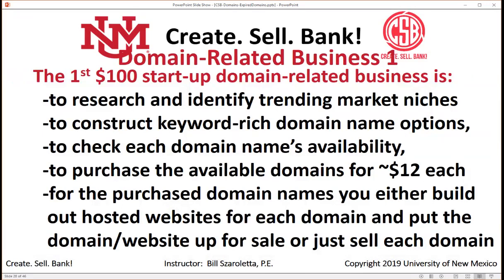So the first $100 startup domain-related business is to research and identify trending market niches. This might be your sweet spot that you've done. You've found something that you like, you have capability in, you found some areas that you could improve on, and you're passionate about it, and there's a market for it. So you find that, and you construct keyword-rich domain name options, and you check that each of those options are available, because if it's really a good one, somebody's probably already taken it.